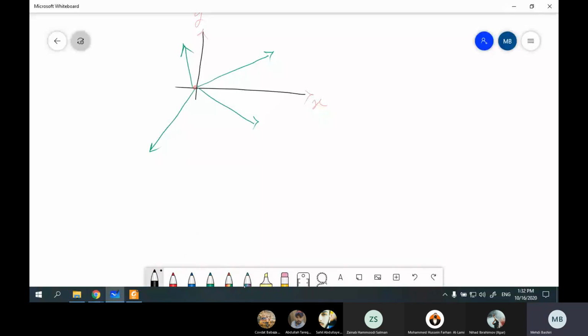If I ask you to find the summation of the forces, using, for example, the triangle method or the parallelogram method, you can see that first of all the number of the forces is more than two.